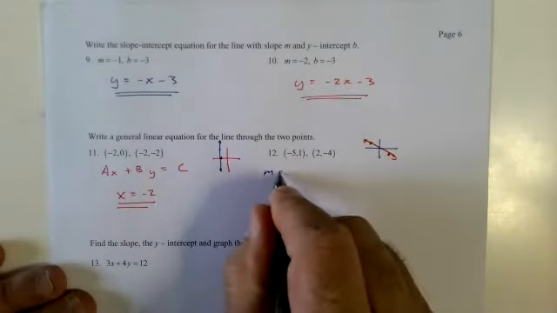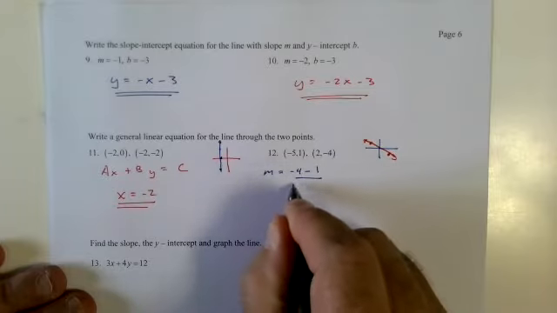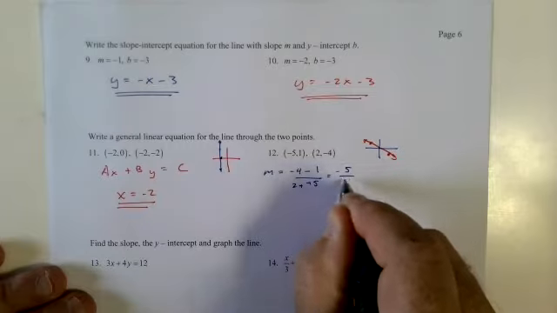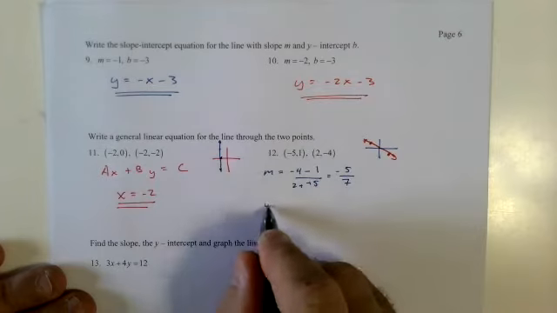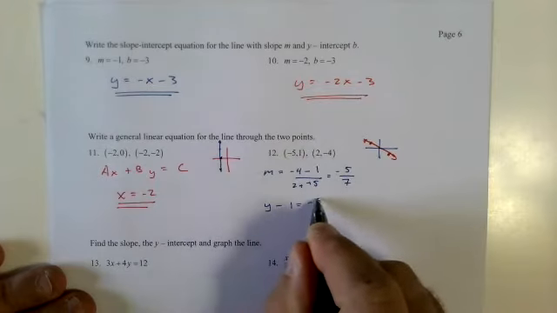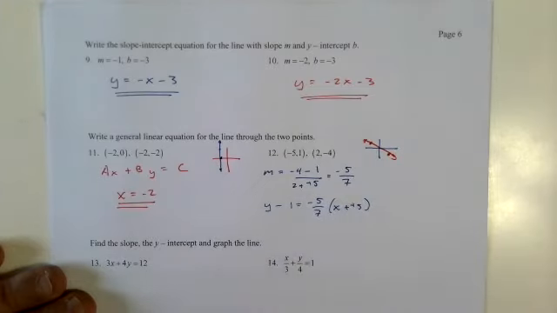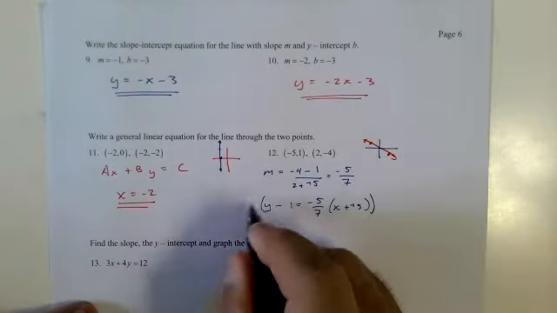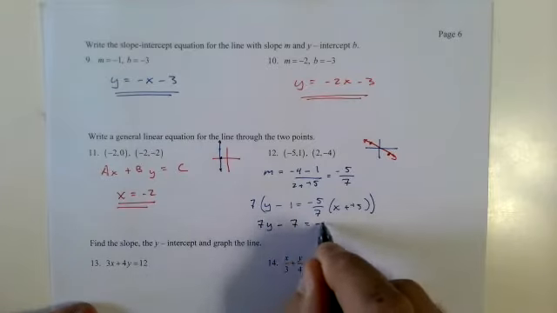Slope. Pick one for point slope. I'll pick the first one. Now I can move this over and do this, that, but right now I'm going to multiply everything by 7. And I do mean everything.